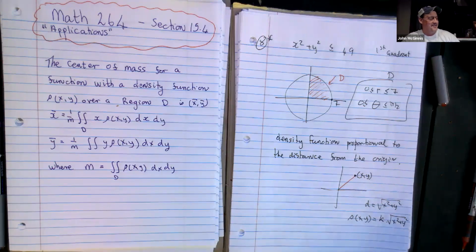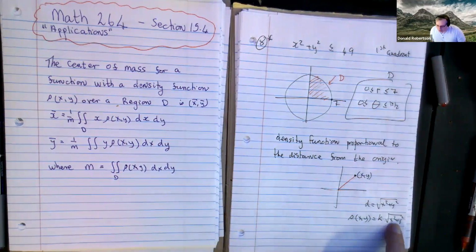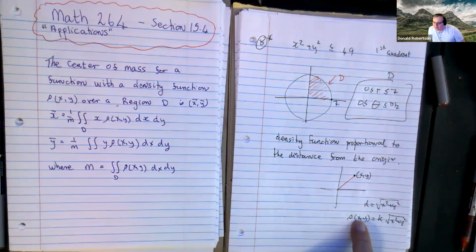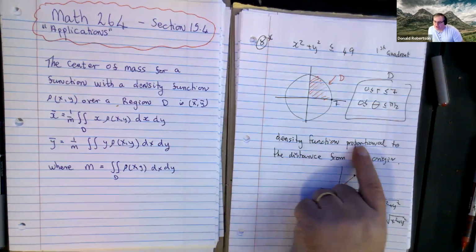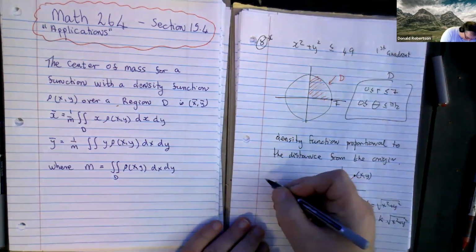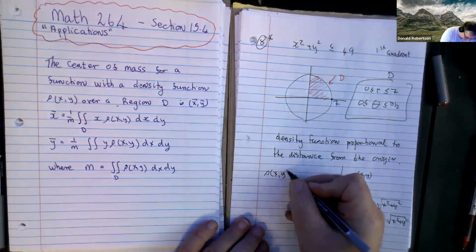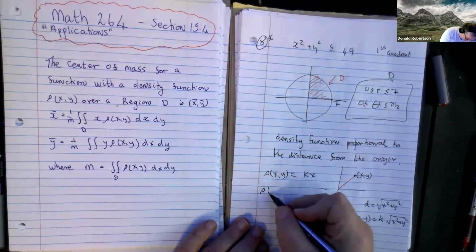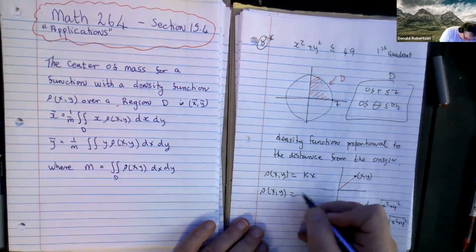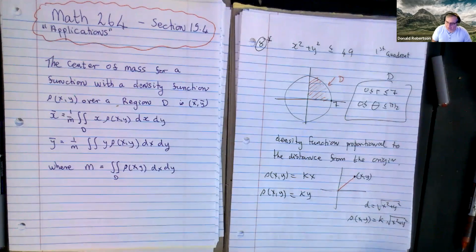It is. Okay. Right. Are we cool with this one? Right. Now, if I'd said the density function is proportional to the x coordinate, then kx. If I said the density function is proportional to the y coordinate, ky.